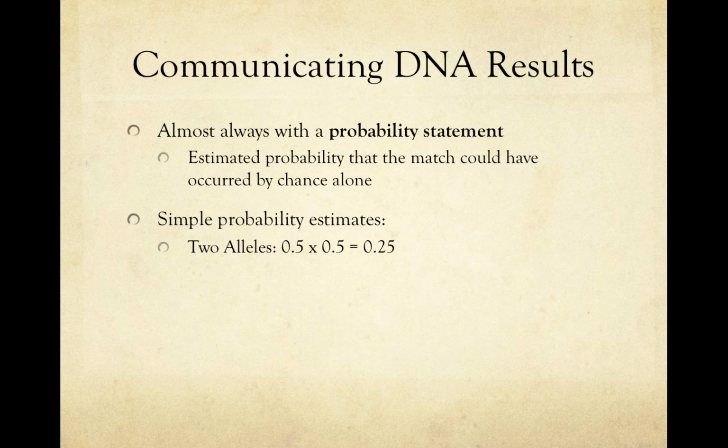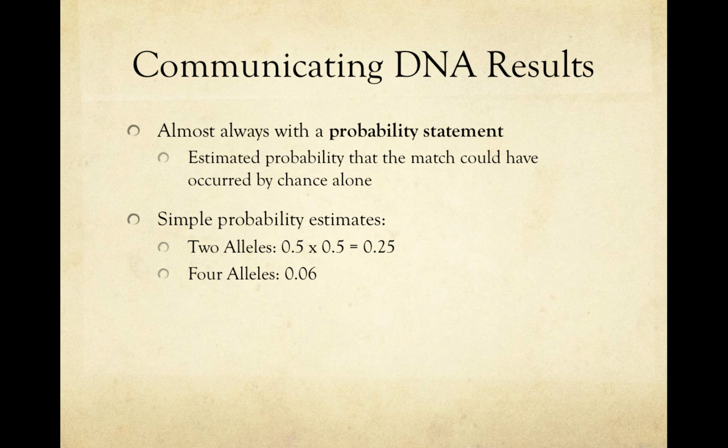So if two alleles matched, then you ask, what's the probability that this match could have occurred by chance if this wasn't actually true? With two alleles, that would be 0.5 times 0.5. So about a quarter of the time, you could get a match that wasn't actually a true match.